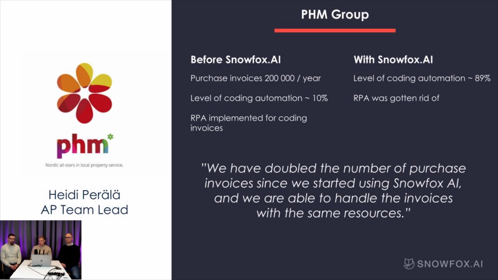Now, together with them, we are close to 90% automation level. And for them, the business case has been that they are growing rapidly and have doubled the number of purchase invoices, but the people resources are the same. And of course, Snowfox is in use there, and they are really satisfied.